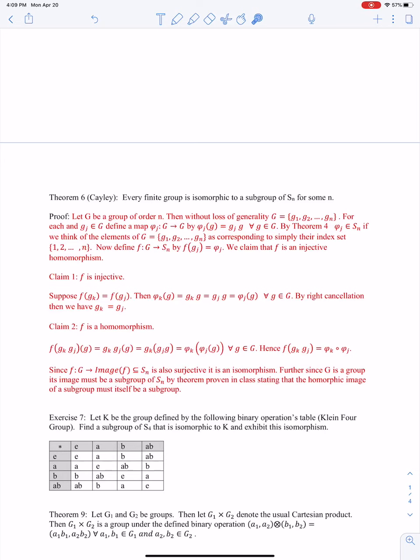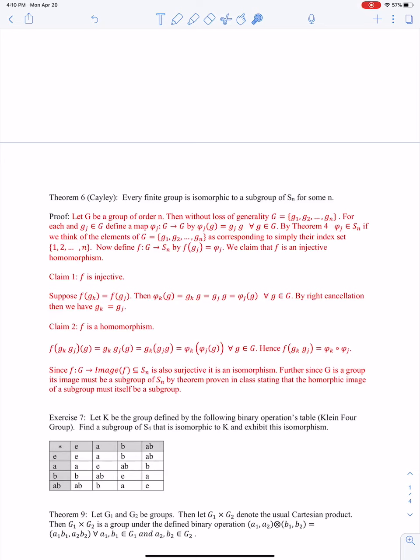It means that if I take phi_k and plug in any g, I get the same thing as when I take phi_j and plug in any g. But phi_k(g) is just g_k times that g, just like phi_j(g) is just g_j times that same g.